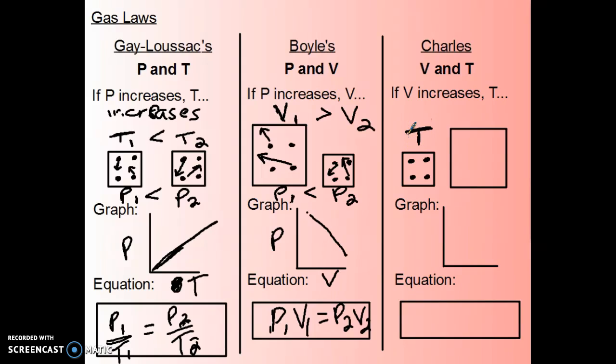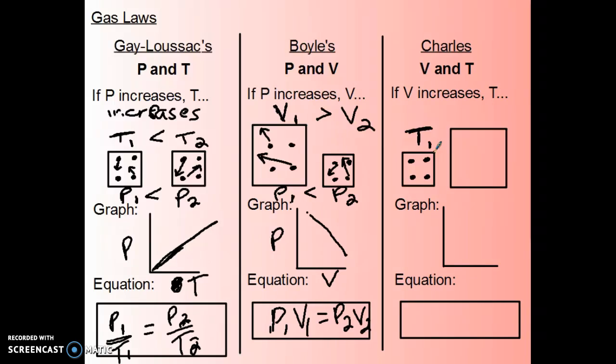If we have a lower temperature here and we increase the temperature, those gas particles can move farther more quickly, and that causes flexible containers such as a balloon to expand. And you would see this if you were to put a balloon in ice. It would shrink a little bit versus putting it in a really warm environment.